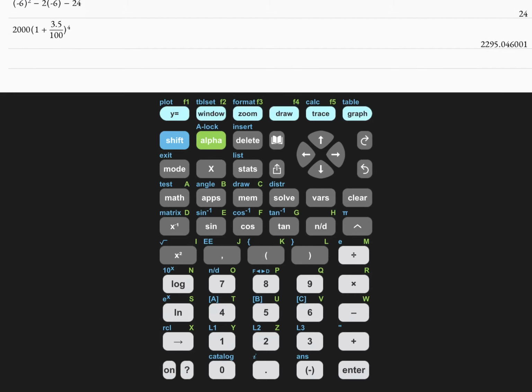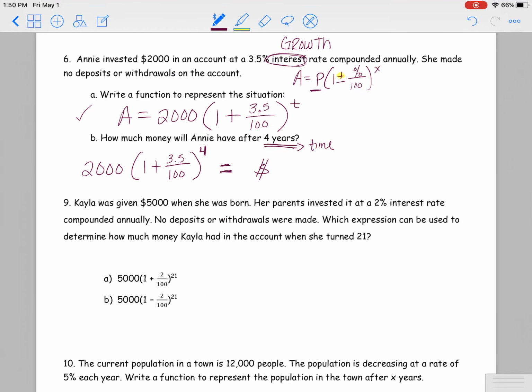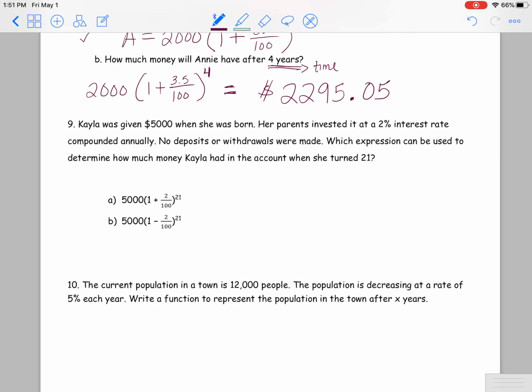I'm going to raise that to the 4th power. So after 4 years, it looks like she's going to have $2,295. And is it 4 cents or is it 5 cents in my answer? That 6 is going to round that up to a 5. So it gets $2,295.05.